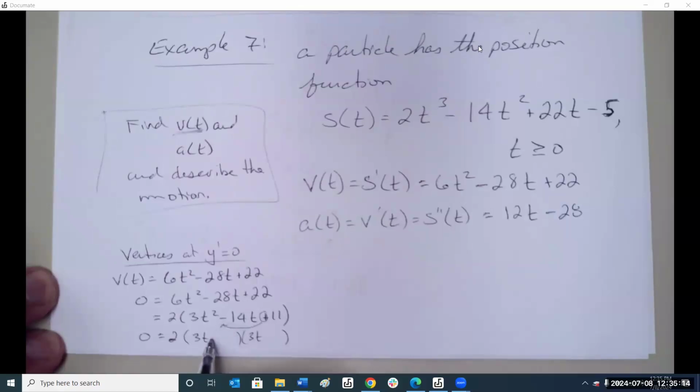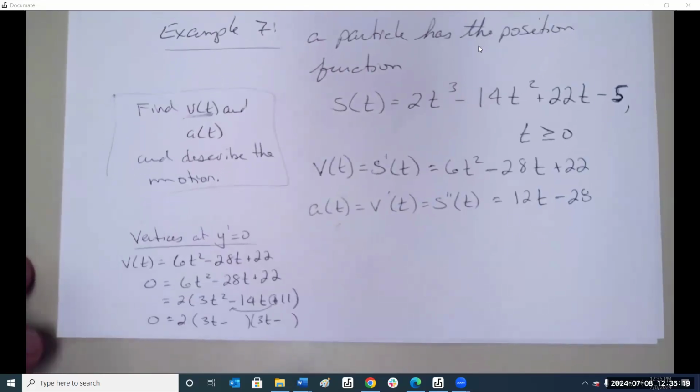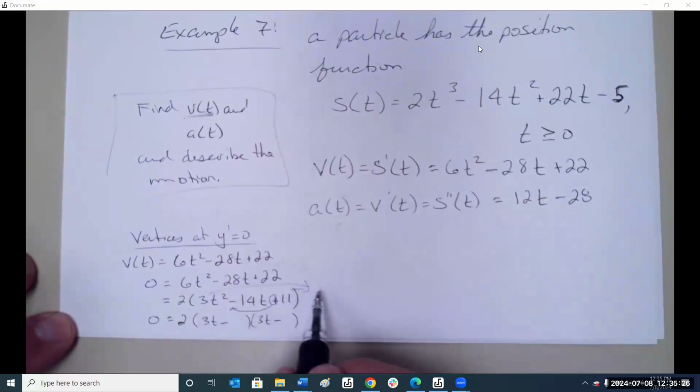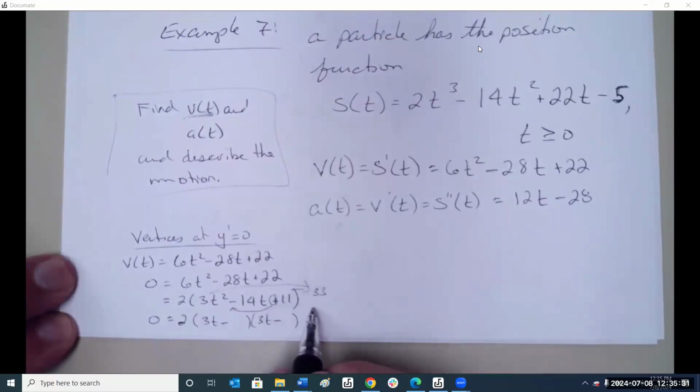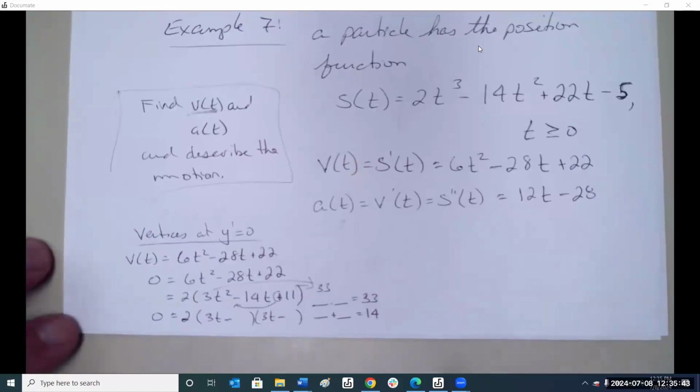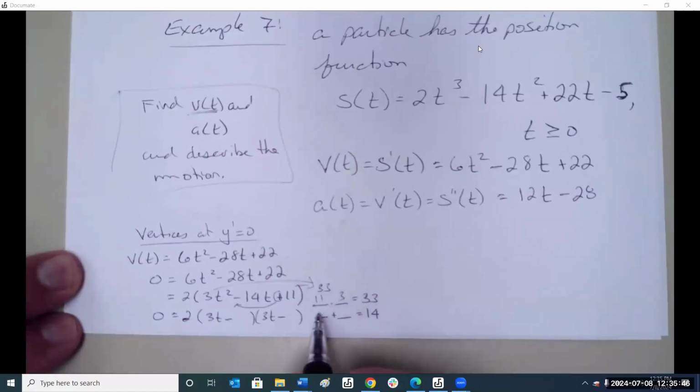They're both going to be the first sign, which is both minus. Three times 11 is 33. So what two numbers multiply to give me 33 and when I add them, I get 14? 11 plus 3, 11 times 3.